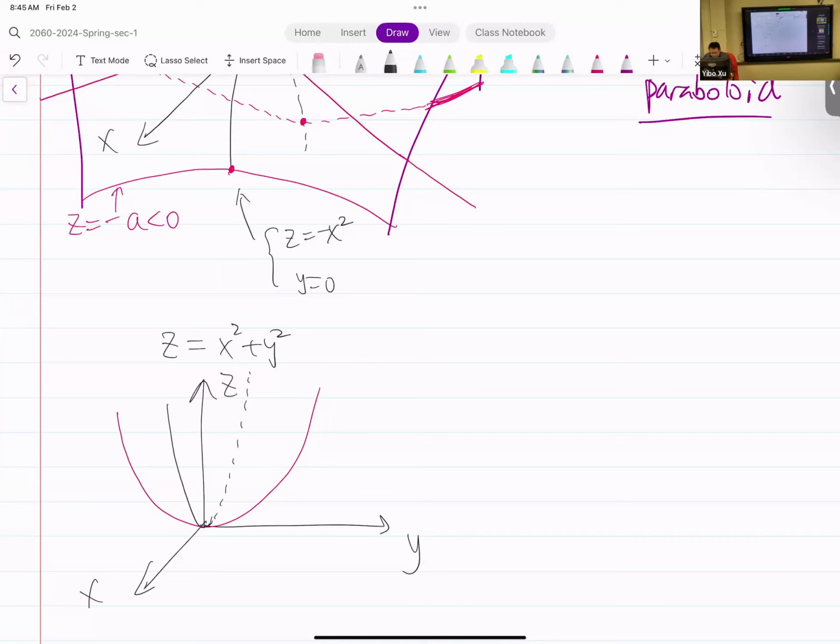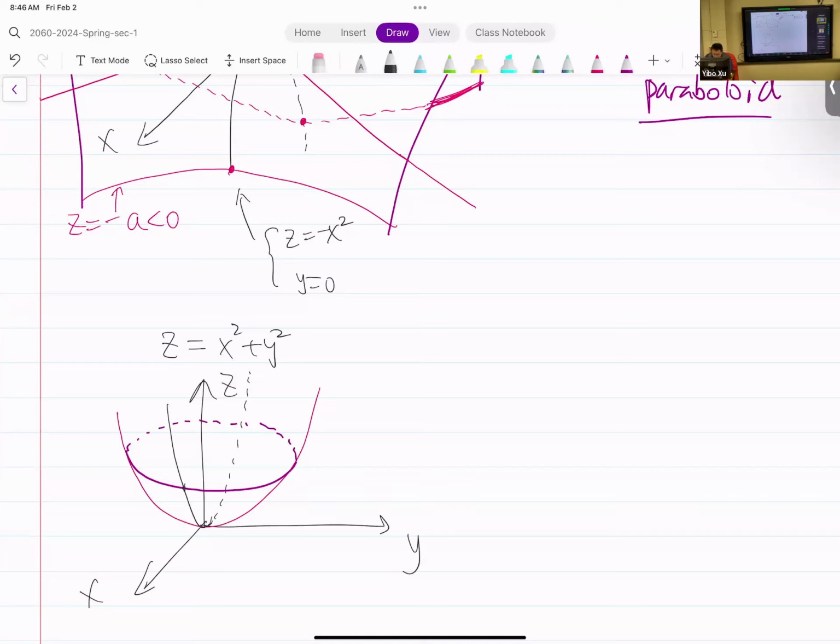Now what happens if you have z equal to some positive constant, let's say 1? If you have z equal to 1, what do you have? You have a circle, x squared plus y squared equal to 1, right? Right here, circle. So there are a few intersections.